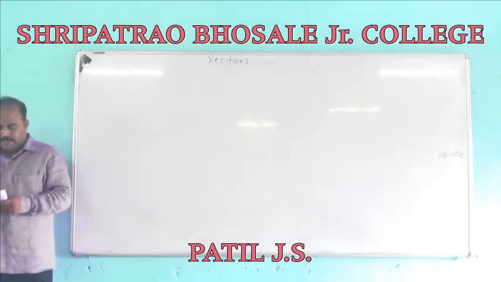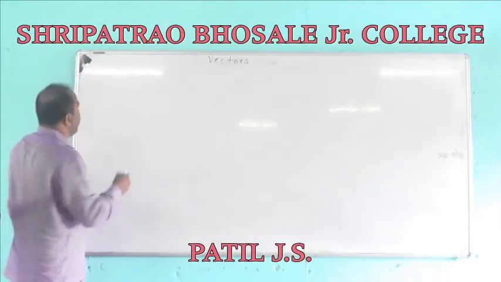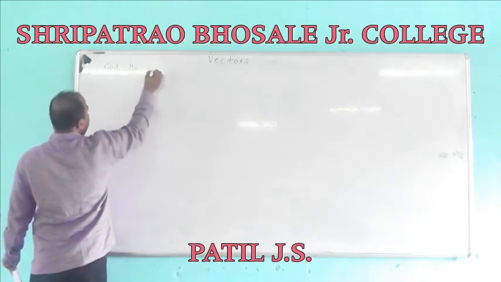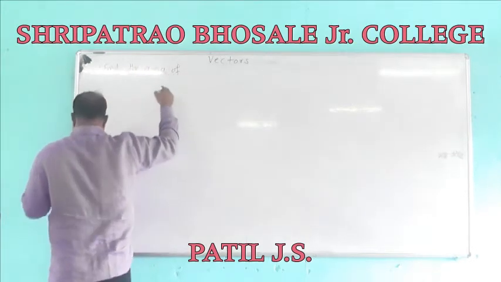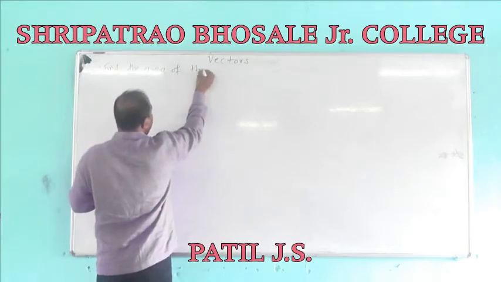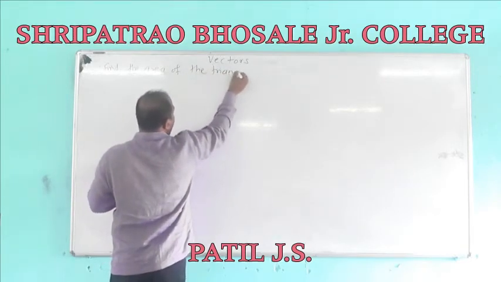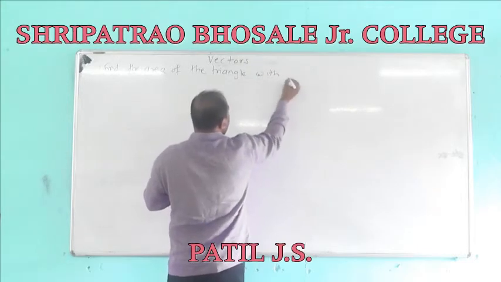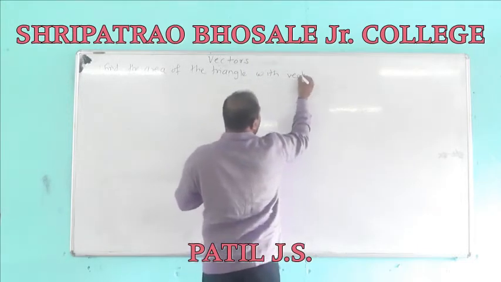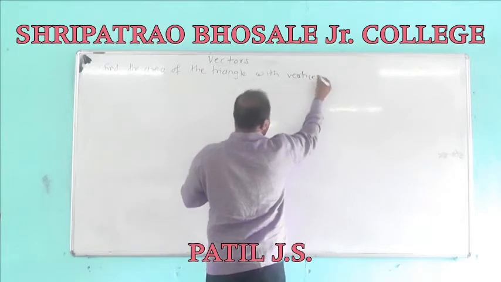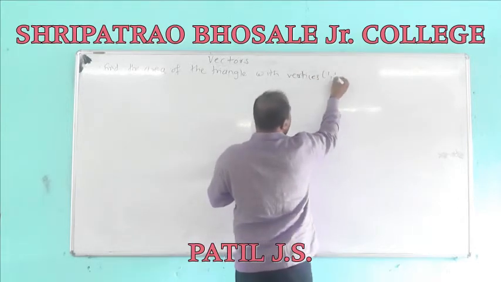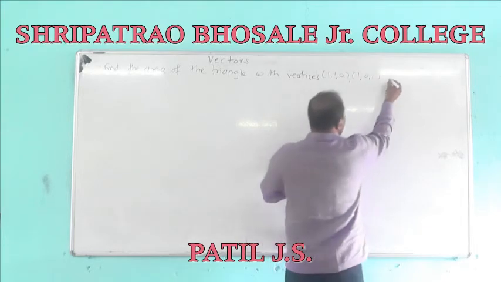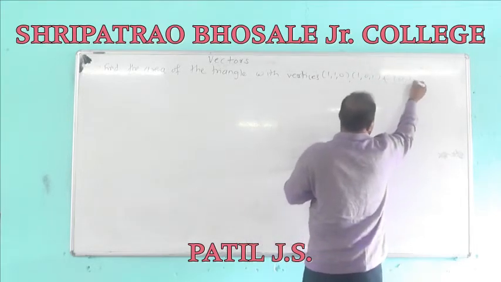Then next example, find the area of the triangle with vertices 1, 1, 0; 1, 0, 1; and 0, 1, 1.